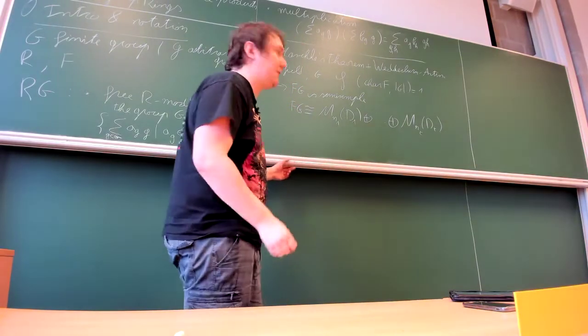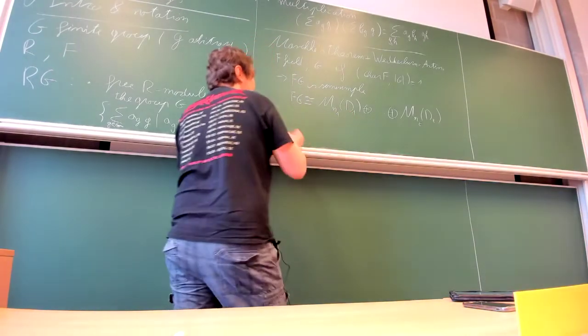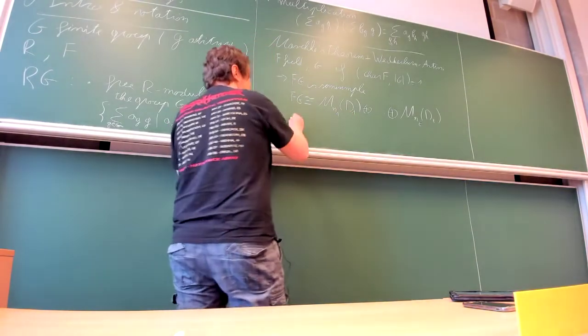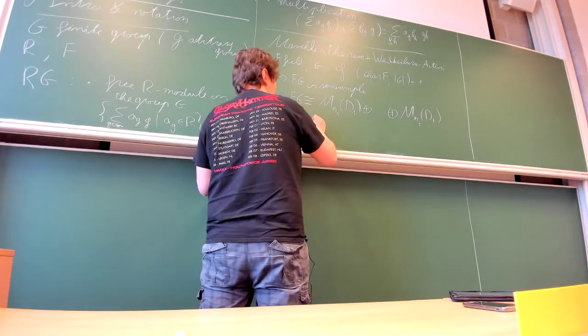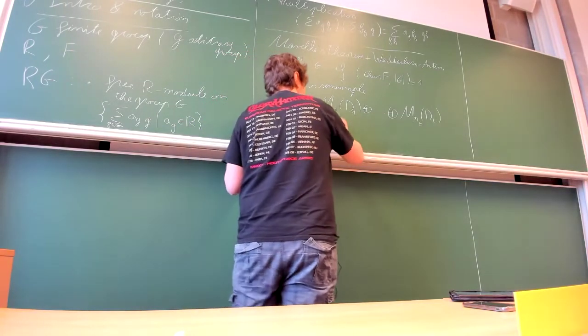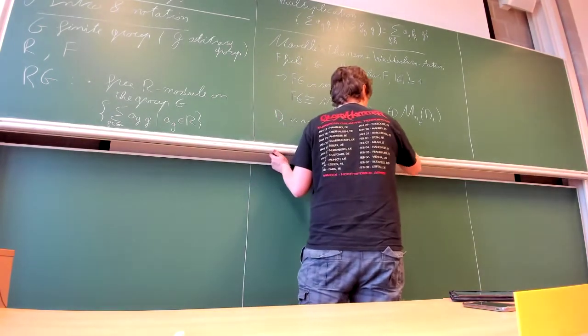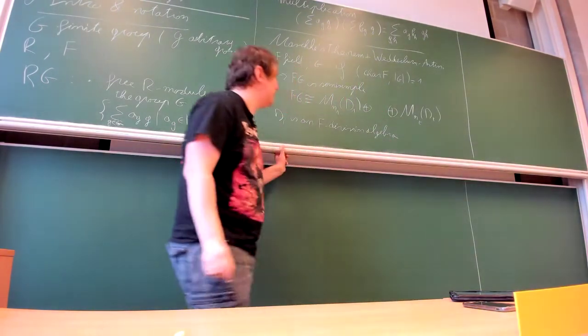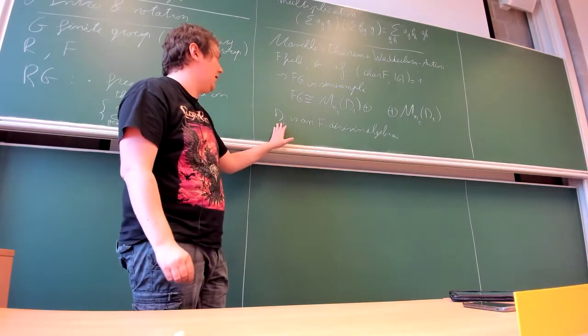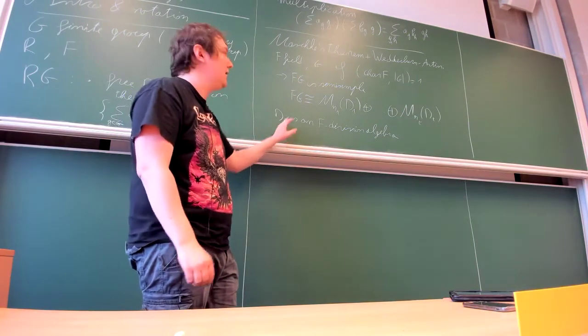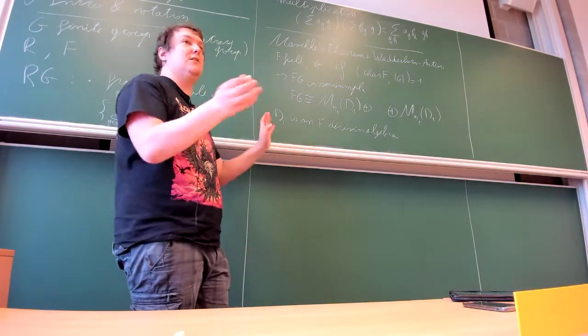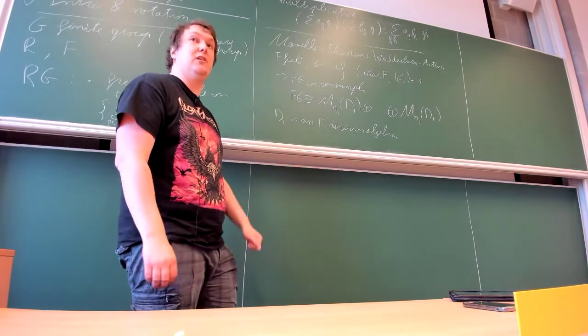And these D_i are F-division algebras, so they don't need to be commutative. It can be an actual skew field. You just take matrix rings over these, you add them together, and that's what FG looks like.